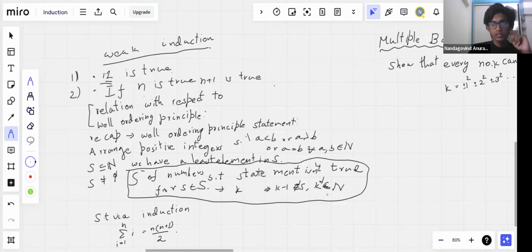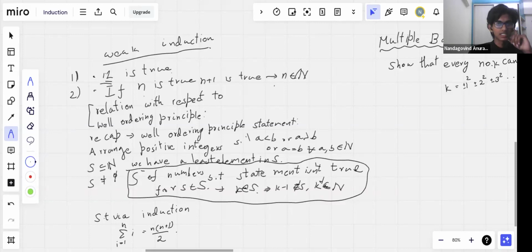So this implies that k minus 1 is true, which implies that k is true, which contradicts k being a minimal element, so k does not belong to S. This implies that the set S of numbers for which the statement isn't true must be the empty subset.